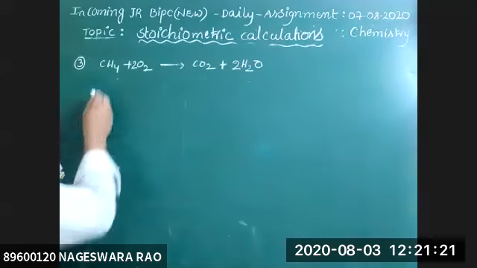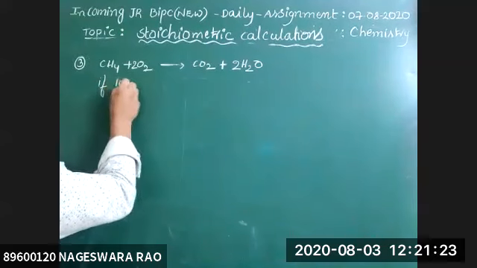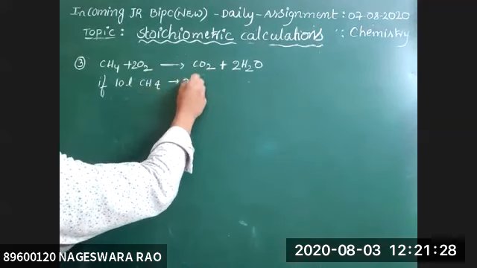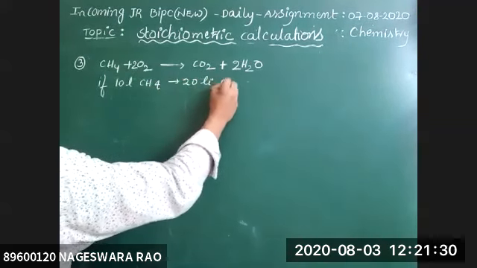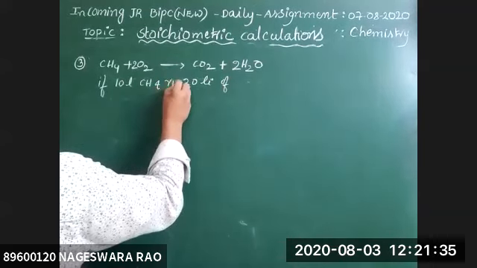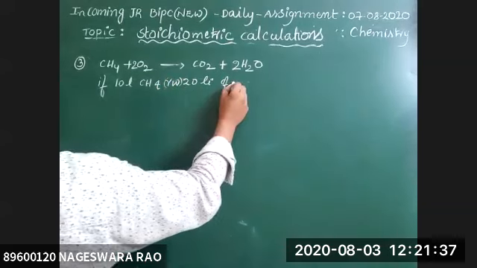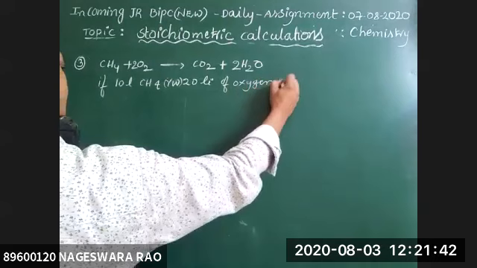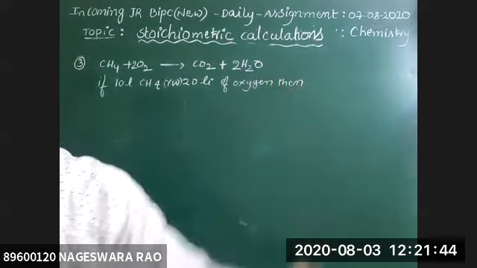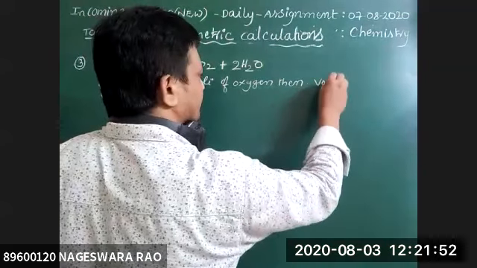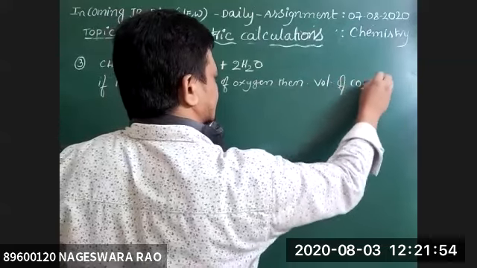If 10 liters of methane reacts with 20 liters of oxygen, then what is the volume of CO2 in this reaction?